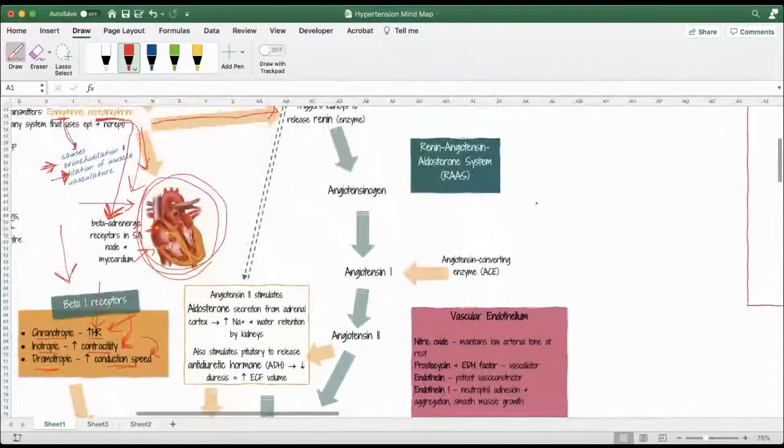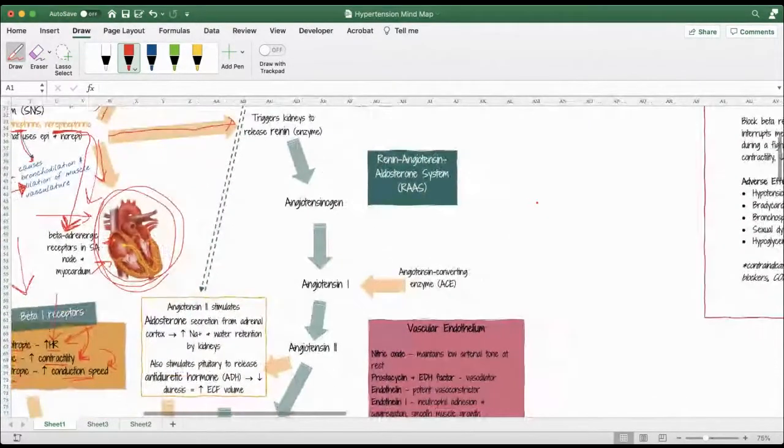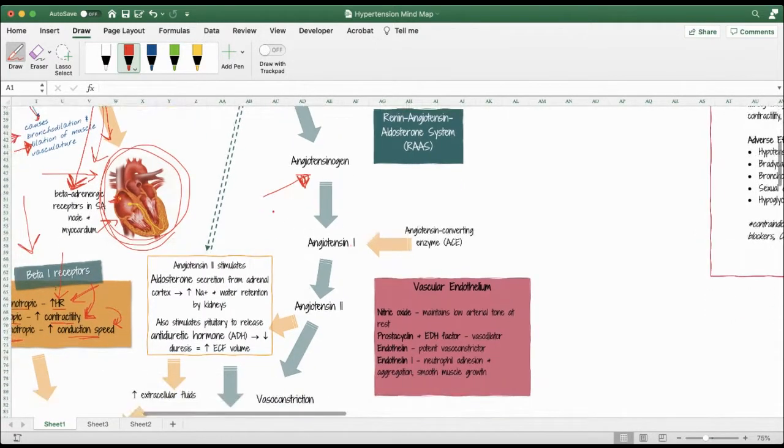Hopefully you'll be able to picture this in your head when you do the exam. Once this renin is triggered, it's an enzyme again, so it's going to play a role in changing something. What it changes is angiotensinogen, which is just a protein that's already in your body, into angiotensin 1.